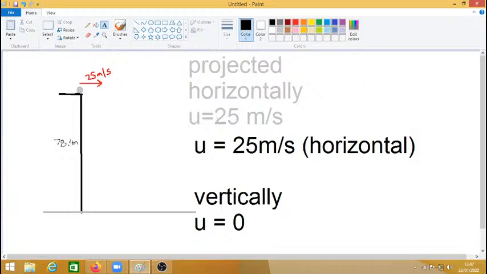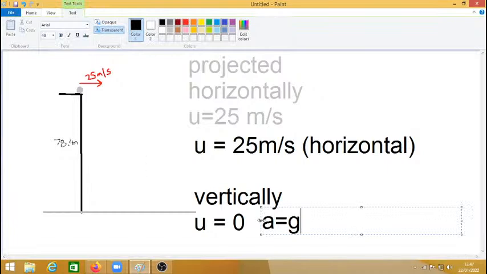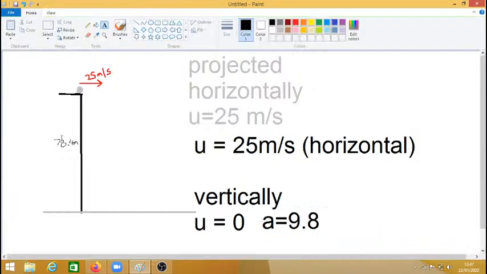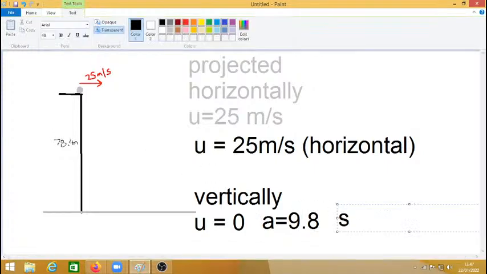Okay, what else do we know? We know that the acceleration going down is going to be due to gravity. So vertically, the acceleration is 9.8 meters per second squared. We know vertically the distance is 78.4. So let's write that down as well.